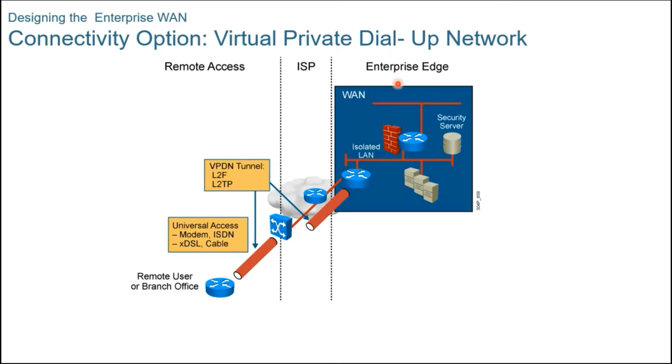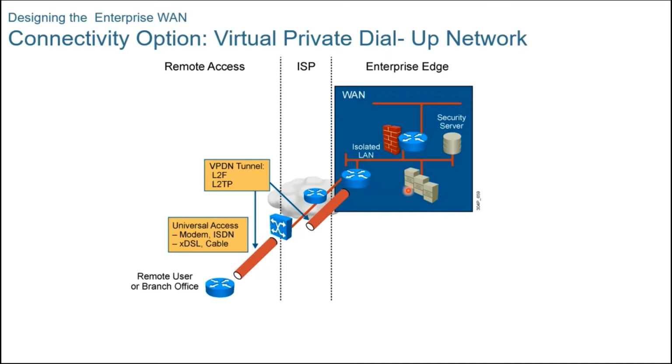Now, this figure here illustrates a VPDN. In this figure, the ISP terminates the dial-up connection at the L2TP access concentrator, or the LAC, and forwards the traffic through dynamically established tunnels to a remote access server called the L2TP network server, or the LNS.